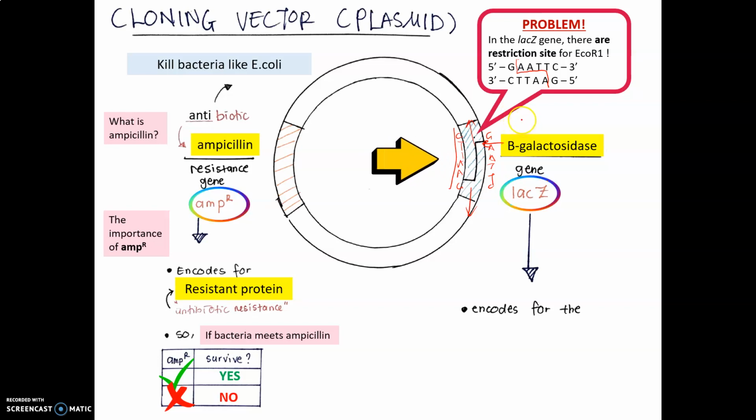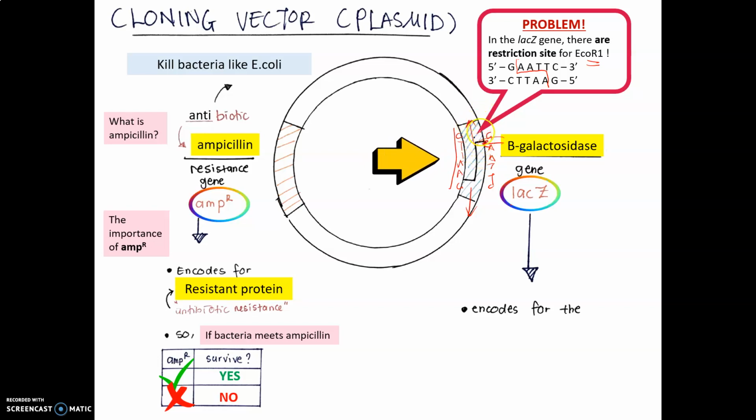Cuma konsep dia awak kena faham, dalam lacZ gene itu adanya restriction site for EcoR1. Adanya tempat di mana restriction enzyme akan cut inside the lacZ gene. Okay? Maksudnya kalau kita masukkan DNA, lacZ gene tadi akan non-functional. Kalau tidak ada DNA lain yang dimasukkan di celah-celah ini, means dia akan function lah, dia tidak akan berubah.